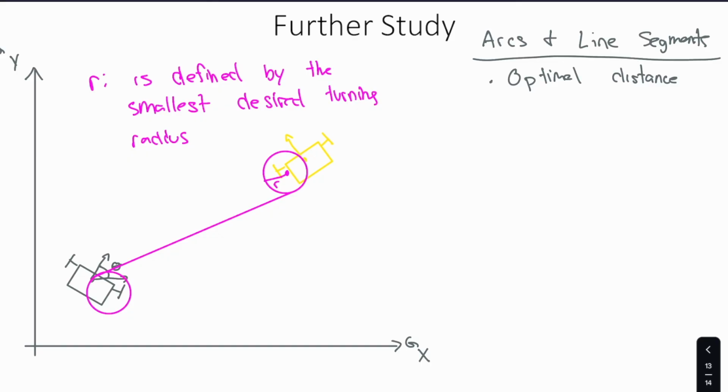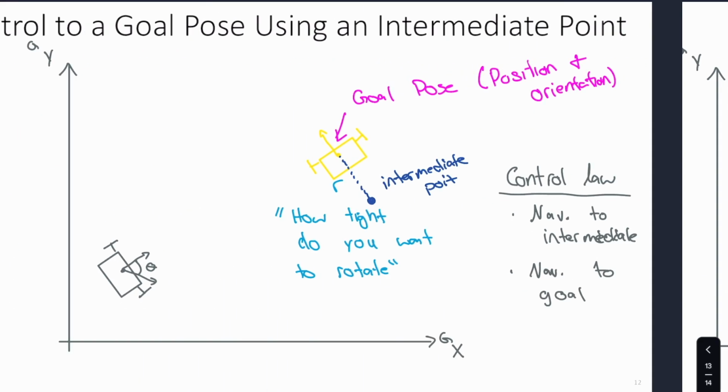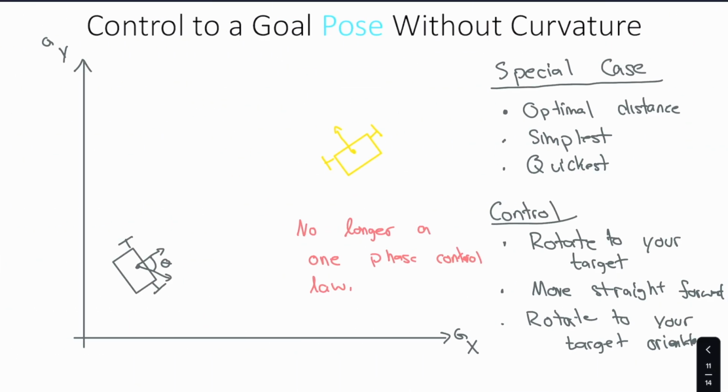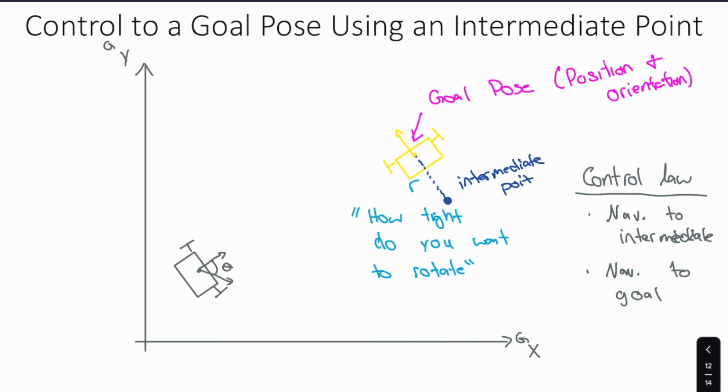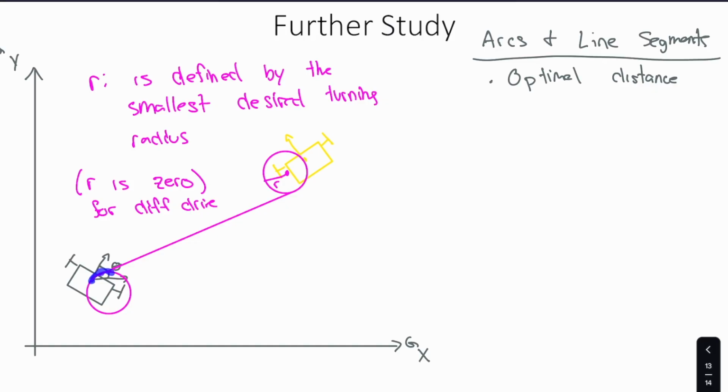And so for our differential drive robot, R is 0, so this actually is optimal for our differential drive robot. It just devolves to our version of control without any curvature. Essentially, the radius you're drawing out is 0, and you'll just pivot in place and drive directly to your target and pivot in place again.